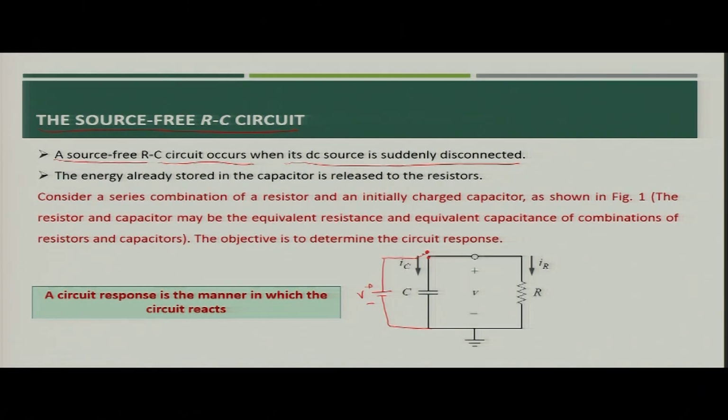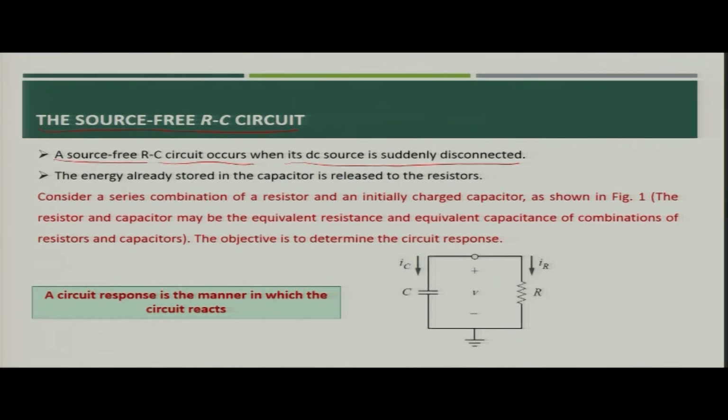What we have done is initially connected the switch, and then after some time suddenly disconnected it. What will happen in that case? When we apply voltage across the capacitor, the capacitor will get charged and energy will be stored, and when we disconnect, the circuit would be like this as shown in the figure.